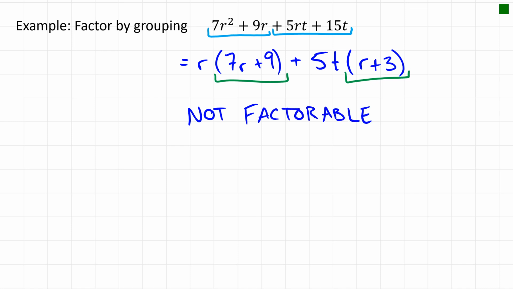And so that's why at the very, very start of this video, I said that factoring by grouping might help us factor expressions with 4 terms, but it's not guaranteed. Of course, there are expressions out there that are not factorable by this method, and I've just shown you an example of one of them. But you're not going to encounter very many of those, but I just want you to be aware that sometimes an expression might not be factorable this way.